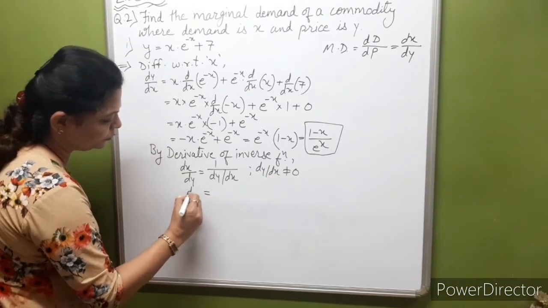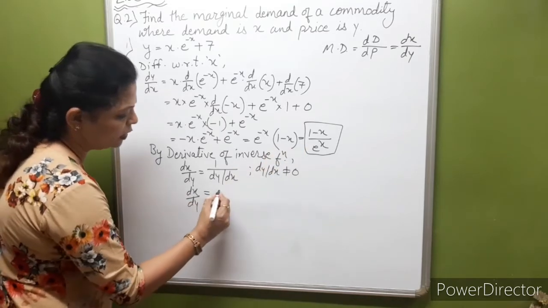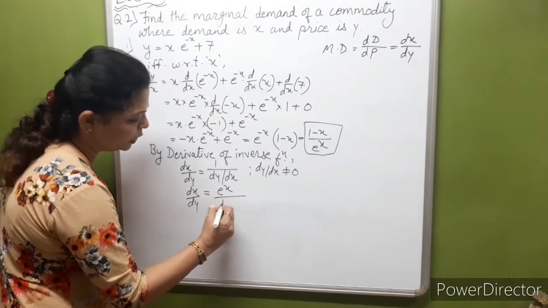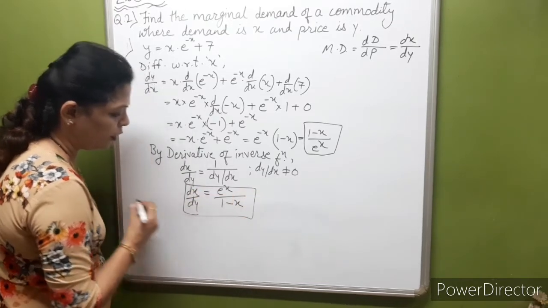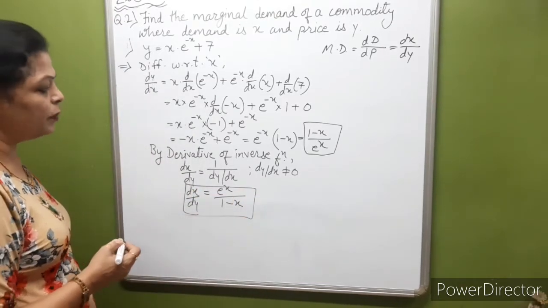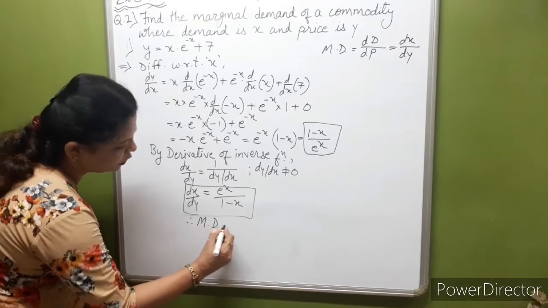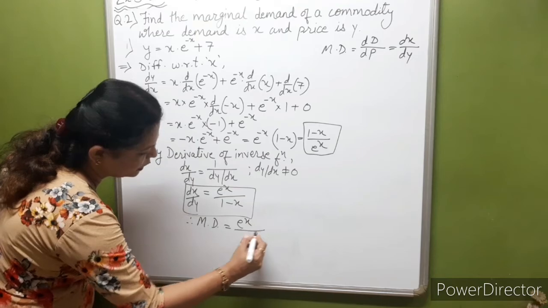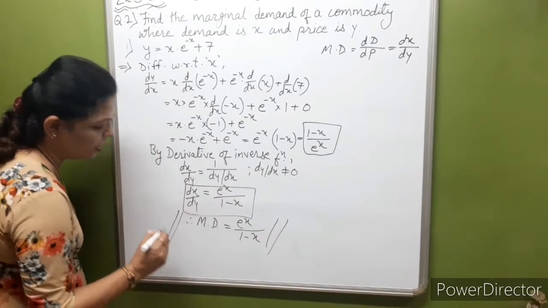You get dx by dy, reciprocal of this. So e raised to x upon 1 minus x. So this is your dx by dy. So you can write, therefore marginal demand is equal to e raised to x upon 1 minus x. That completes your sum.